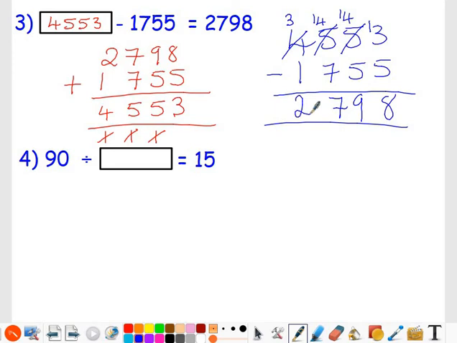And we are correct. Looking at our next example then, 90 divided by a number equals 15.